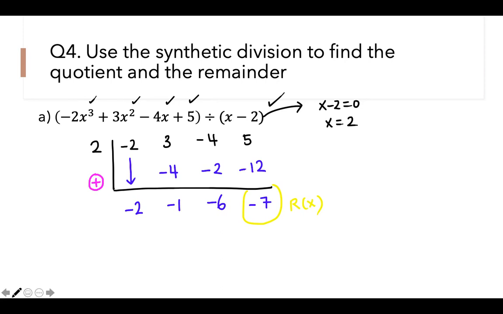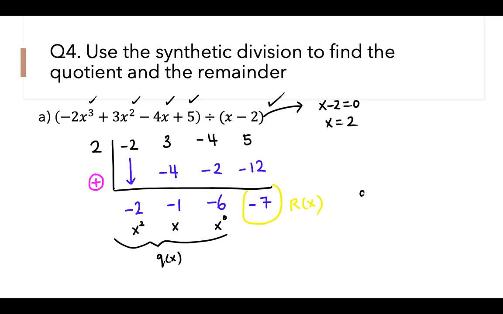And we are going to write the dividend and divisor. In this case, the divisor, we already know, is x minus 2. But the quotient has coefficients with degree 1 less. Because it starts with x cubed, this one is going to be x squared, x, and x to the 0. So this is going to be the quotient.